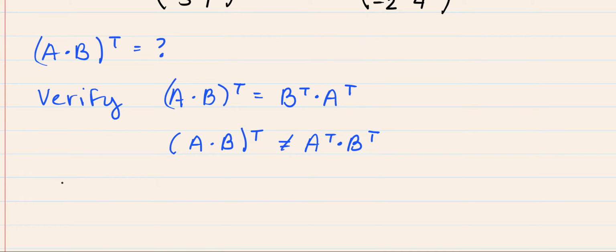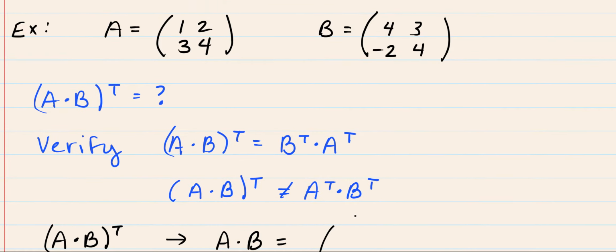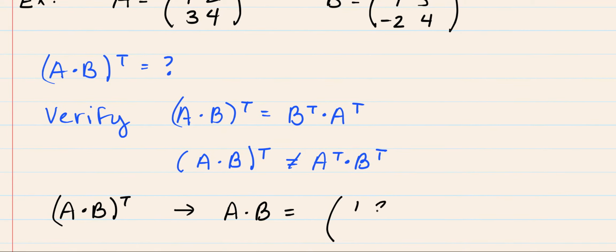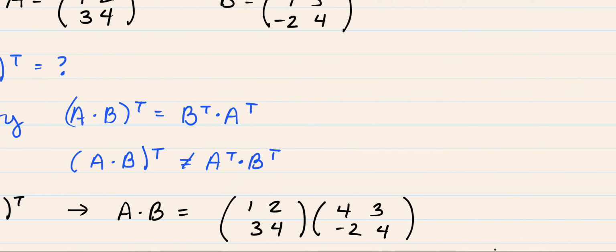So let's put that down here. (A times B) transpose means that I need to multiply A and B first. That's what parentheses mean. And then I want to take the transpose. So let's find A times B, which is 1, 2, 3, 4, times the matrix 4, 3, negative 2, 4.